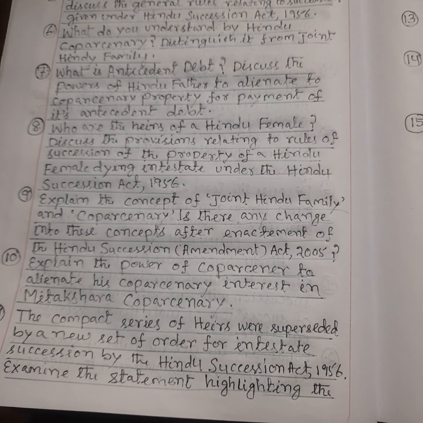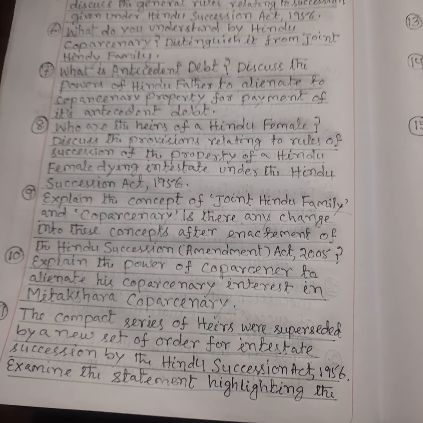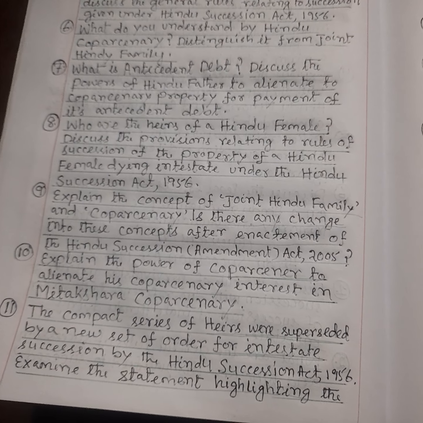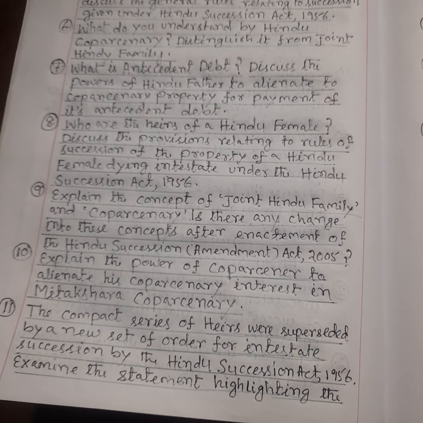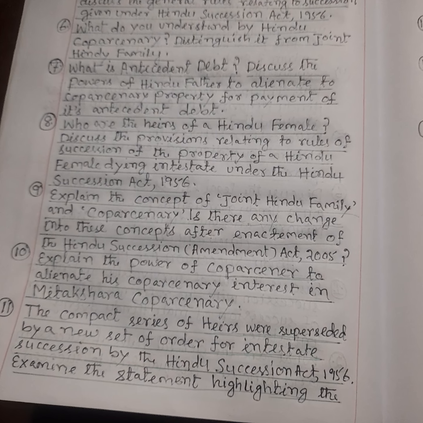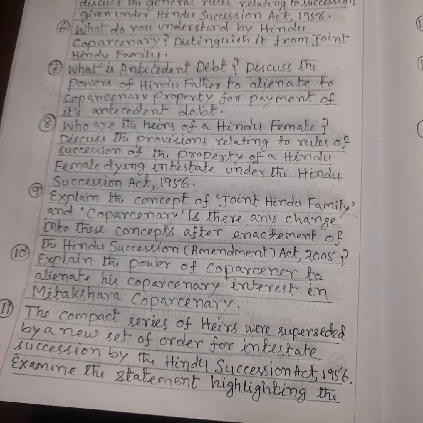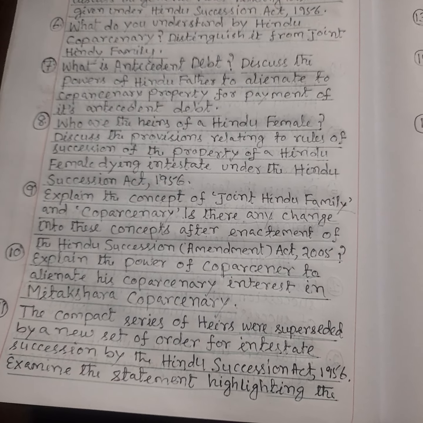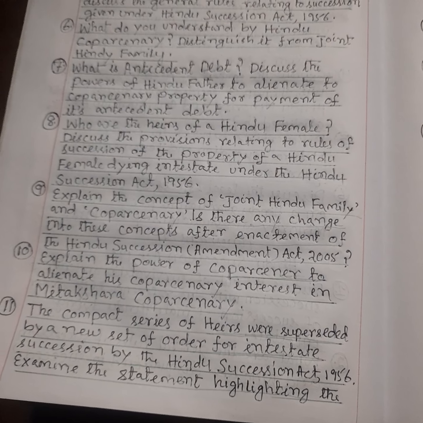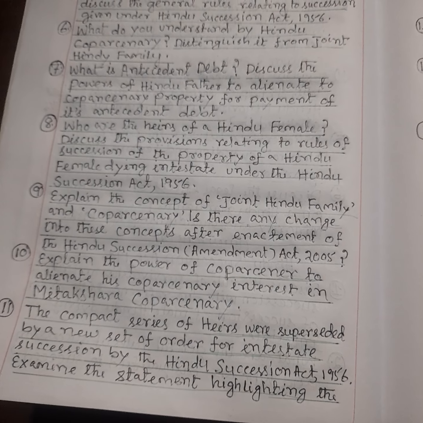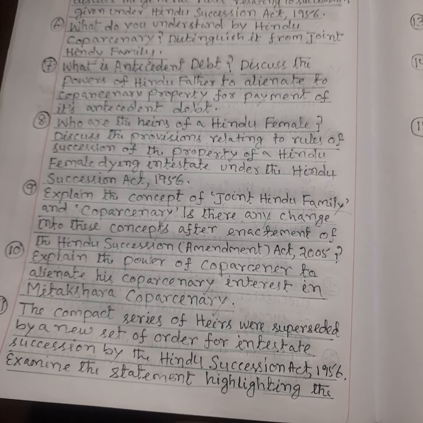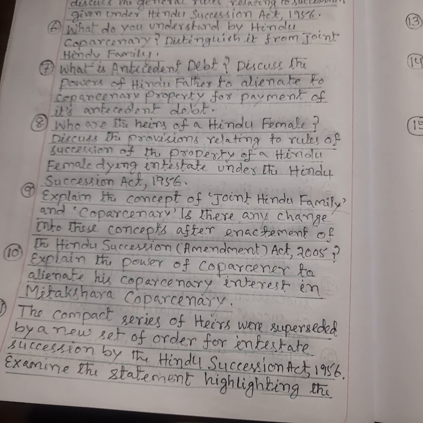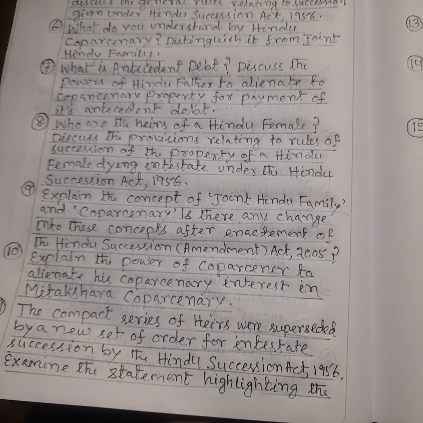So also the father's brother, father's sister, mother's father, mother's mother, mother's brother, and mother's sister are found in the entries in class 2 of the heirs.